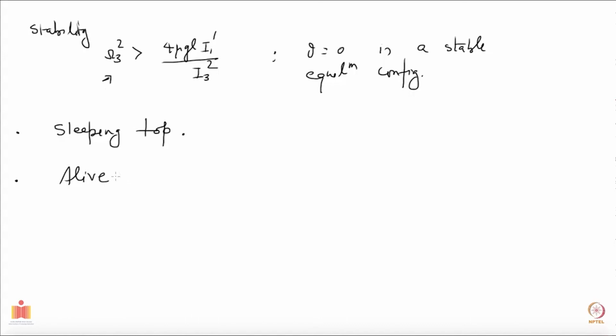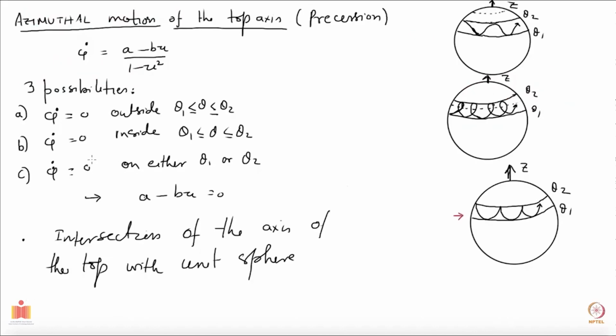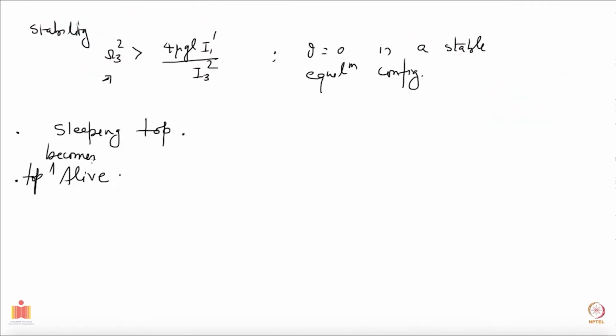Top becomes alive, meaning it will no more remain at theta equal to 0. Its axis will start doing all the things that we have seen before, which we have learned here. So that is what happens for the sleeping top.